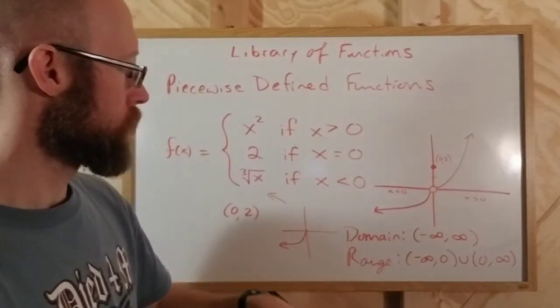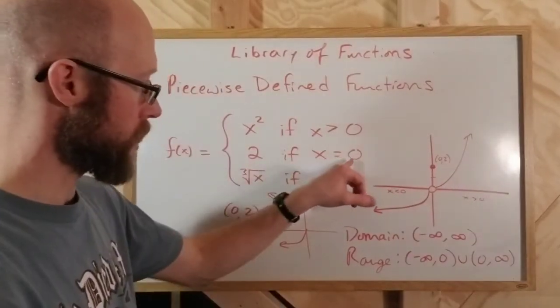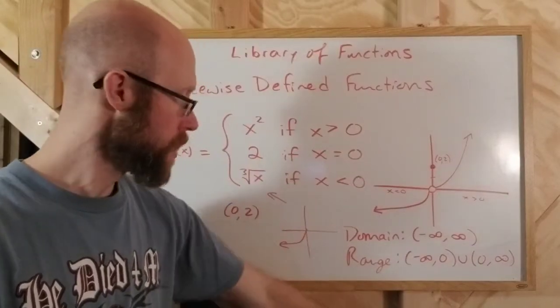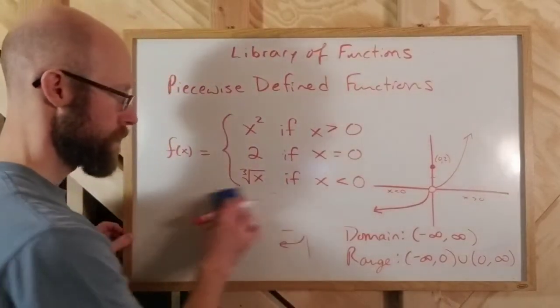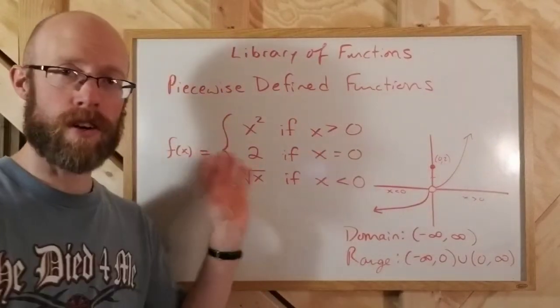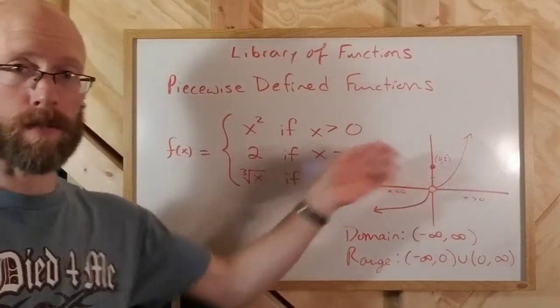If I wanted to find any y-intercepts, I would use, again, that x value of 0, plug it in, I get a 2 as an output. Now what's neat about this is that I can actually evaluate function values based upon this function notation. I could also do it based upon the graph.